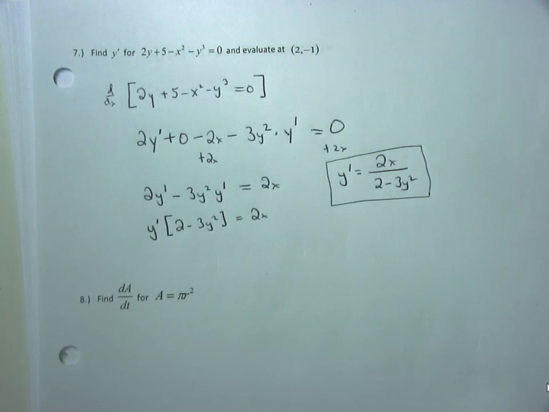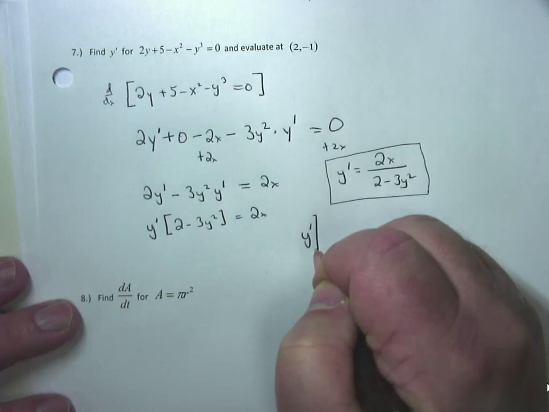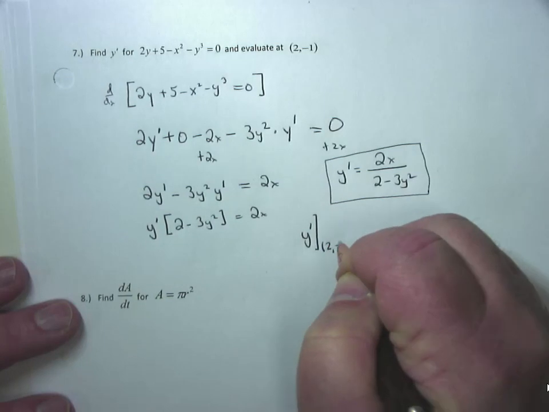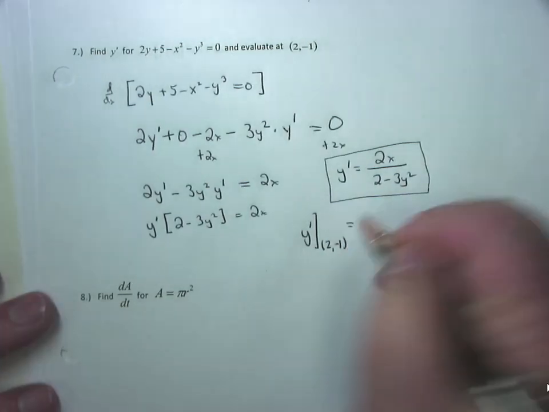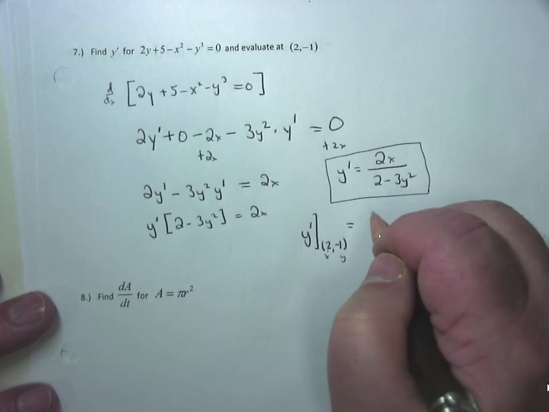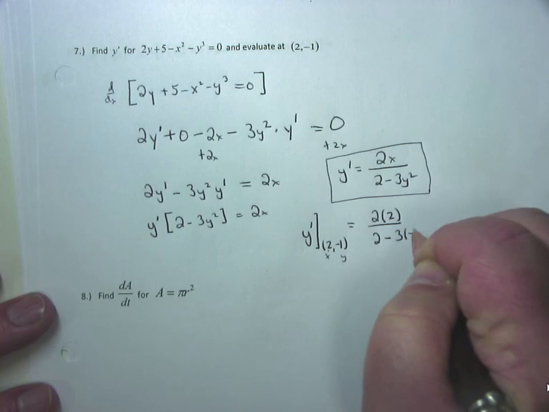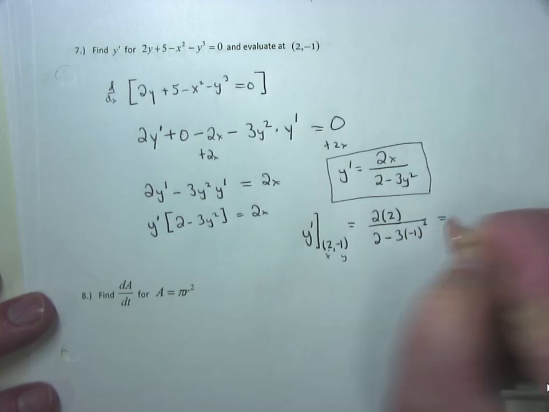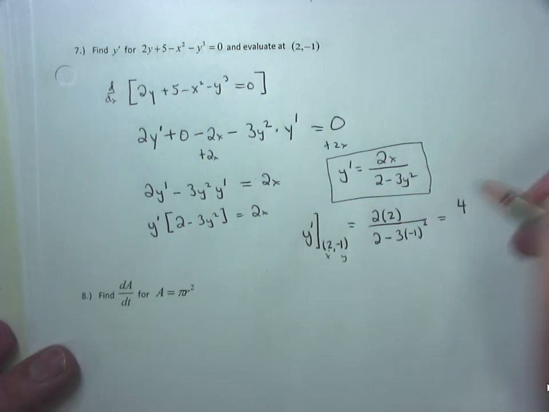Does that make sense? But now they want the second part of this one. The second part is you're supposed to take your y prime and evaluate it at the point 2, negative 1. X is 2, y is negative 1. This will be equal to 2 times 2 divided by 2 minus 3 times negative 1 squared. 2 times 2 is 4.